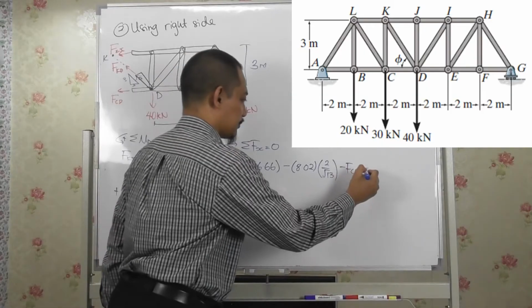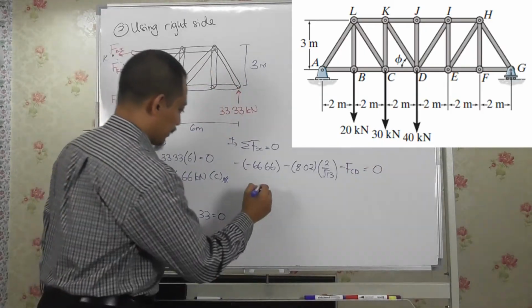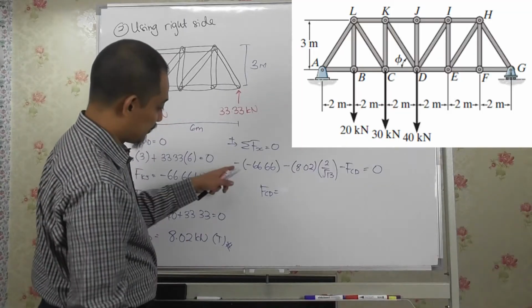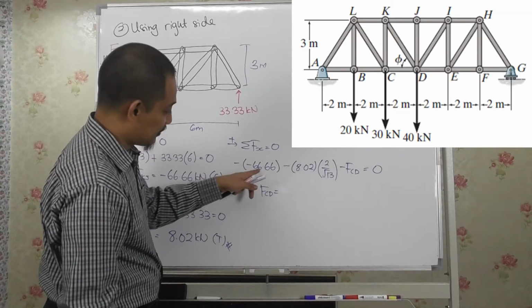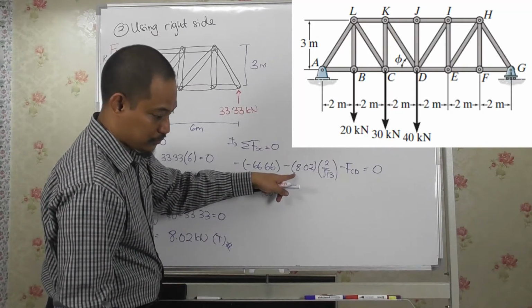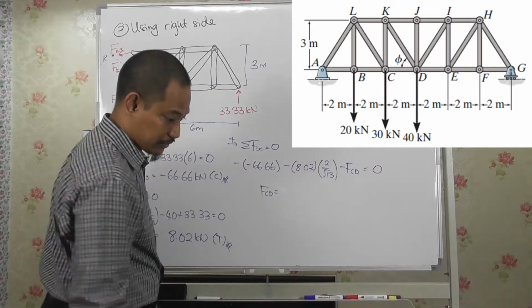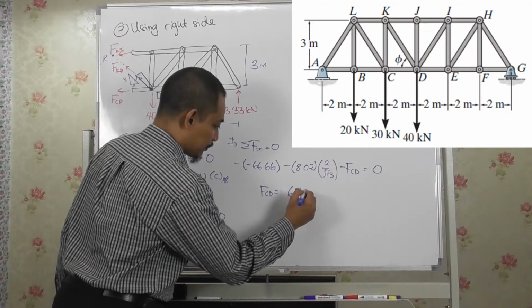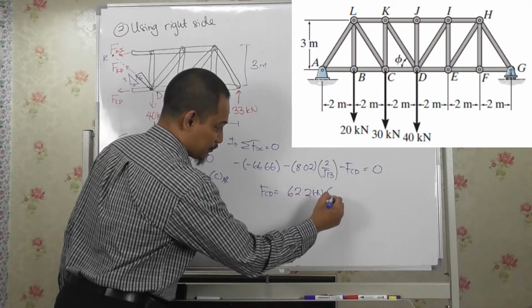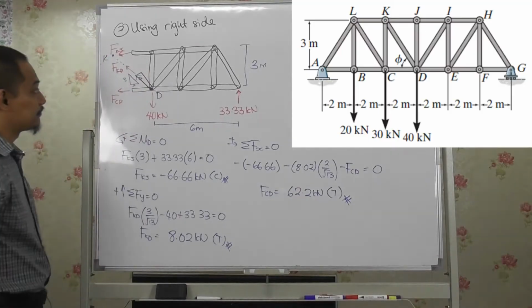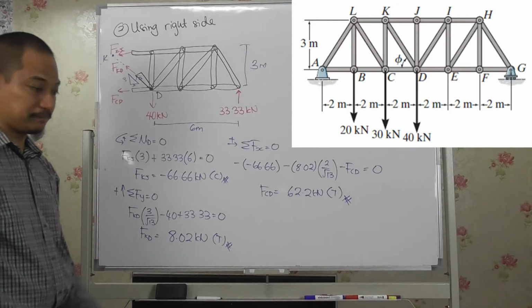So equal to 0. So if you calculate FCD here, you should get minus 66.66 minus 8.022 over square root of 13 minus FCD. So you get 62.2 kilonewton, which is tension, because it is positive, and I assume tension, right?